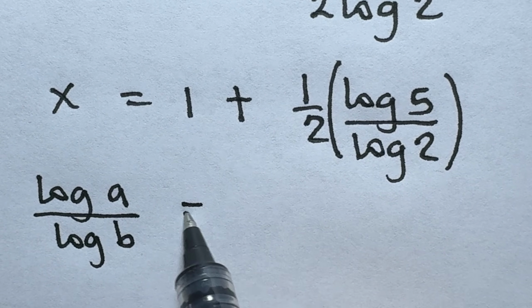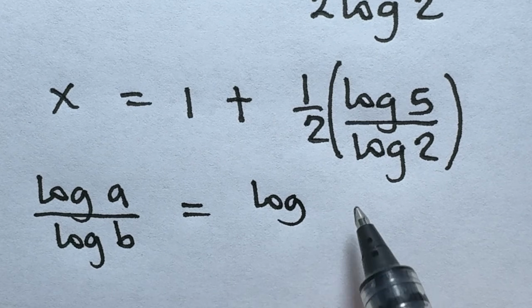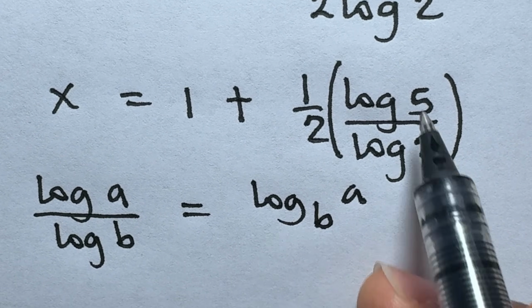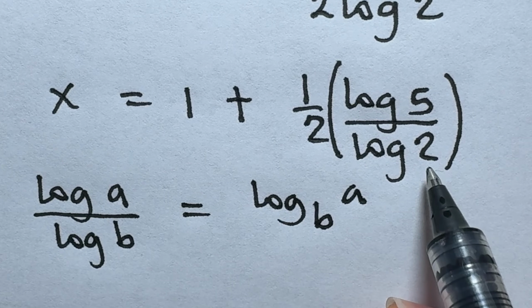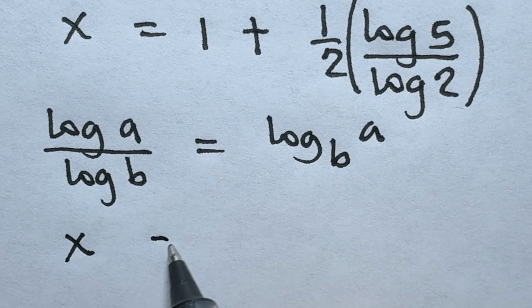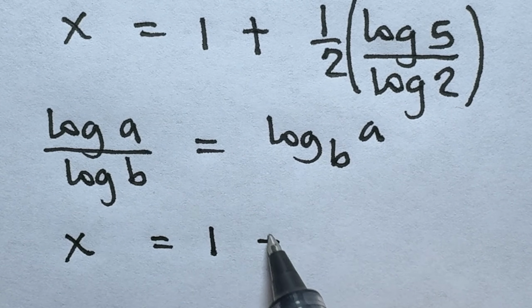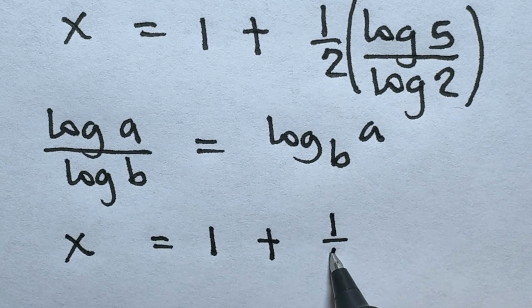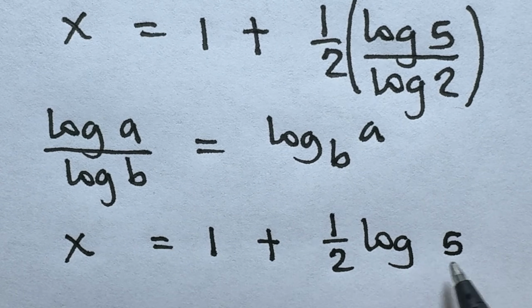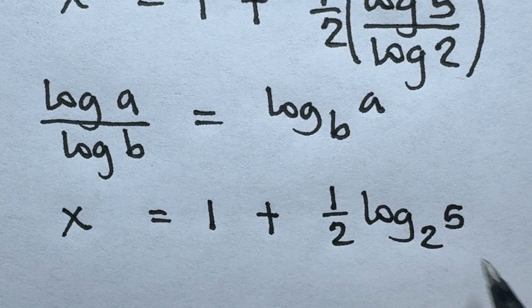And by law of logarithm, this will give us log a base b. So this fraction becomes log 5 base 2. Then x becomes 1 plus 1 over 2 times log 5 base 2. And this will then be our final answer to this problem.